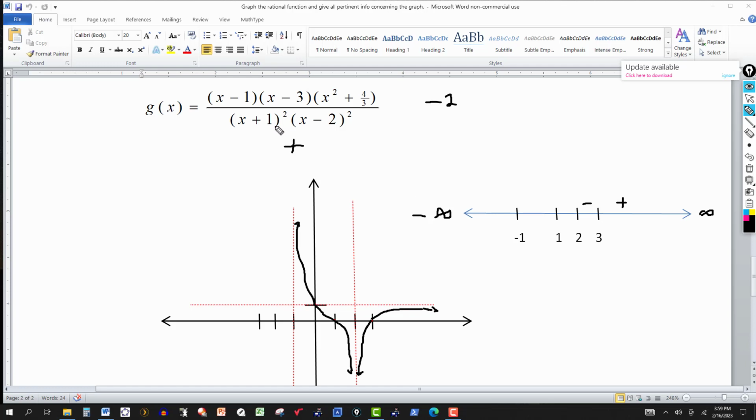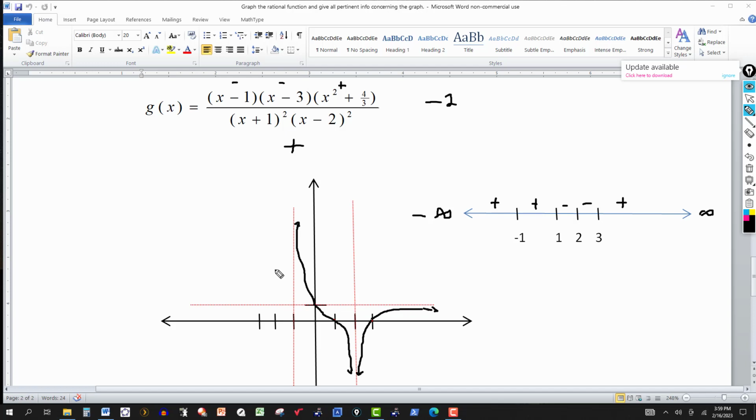So the denominator is positive. So let's say -2 minus 1, that's negative. -2 minus 3, that's negative. This is going to be positive. So negative times a negative is positive, and times a positive here, that's a positive.